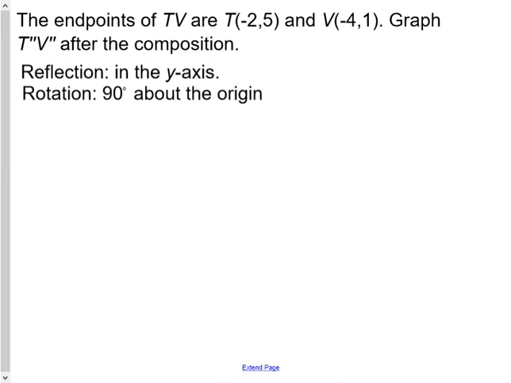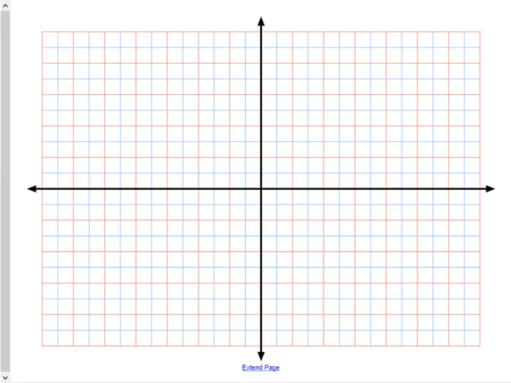The endpoints of TV are (-2,5) and (-4,1). Graph the double prime after reflecting in the y-axis, then rotating 90 degrees. Reflecting is something we can do mathematically or with the graph.